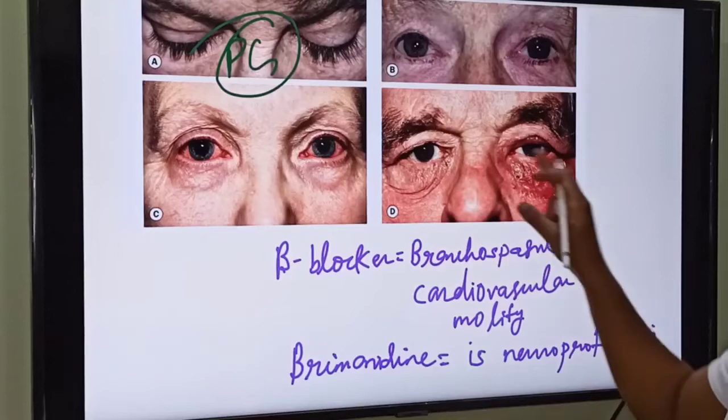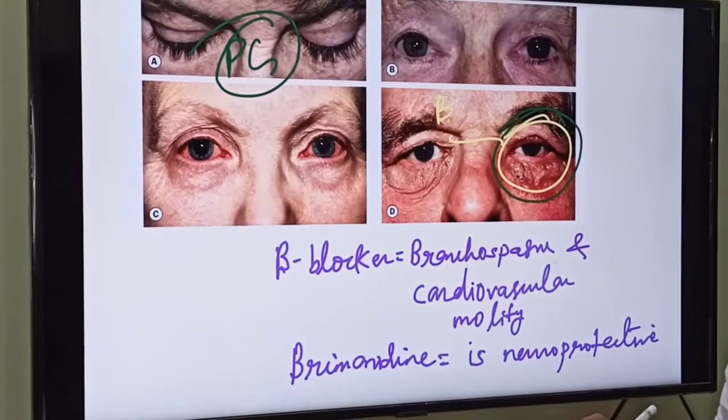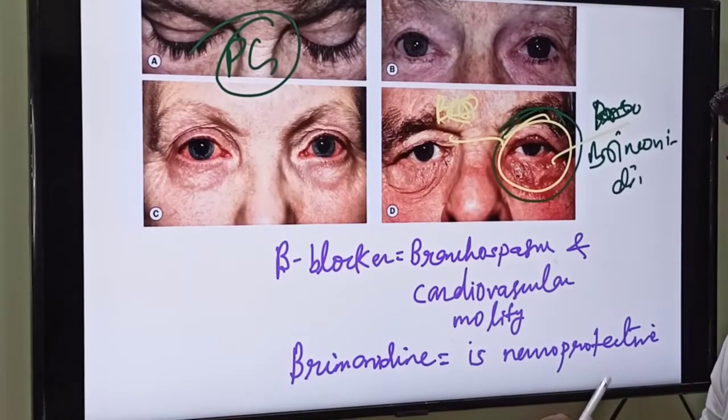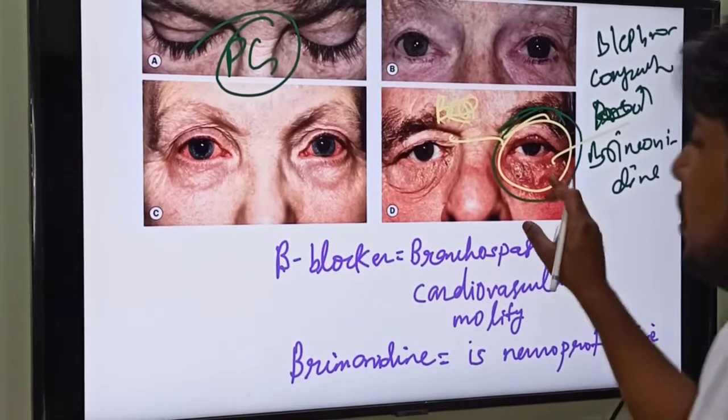What is this condition? This is blepharoconjunctivitis. This is because of brimonidine.